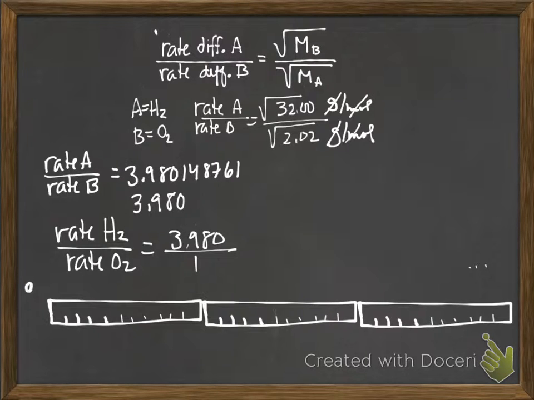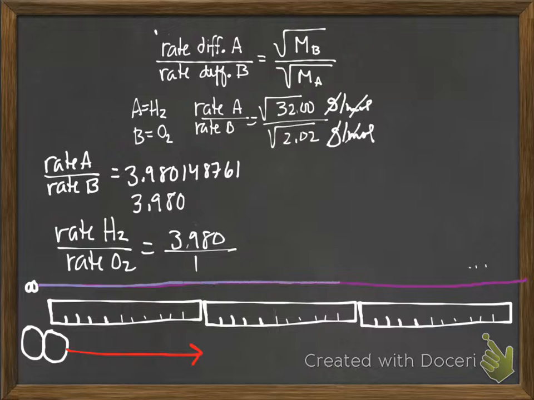If we have our little tiny hydrogen and our big walloping oxygen, in the time it takes the oxygen to move 1 meter, the hydrogen has gone 4 meters. It's still going. There, change that line color so it's a little bit easier to see. That hydrogen is still going. So in the time it takes oxygen to move 1 meter, hydrogen has moved 3.980 meters. Okay? It's just a comparison of rate.